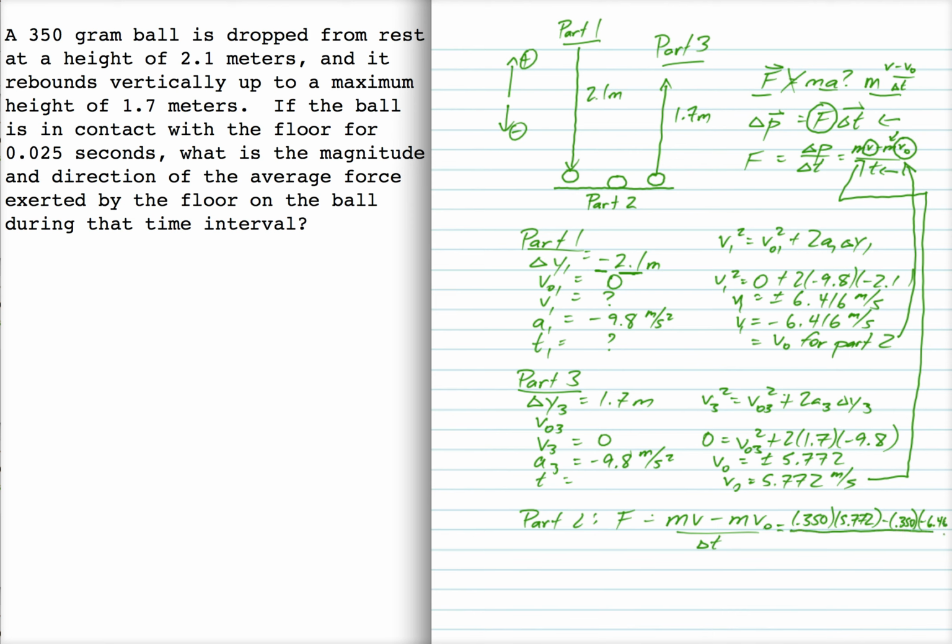I'm going to divide that by my delta t, which is 0.025. Notice that I got a minus sign here and a minus sign here, so that's going to be added together. And I end up with 4.266 over 0.025, which gives me a force of 170 newtons. And it's positive 170 newtons, which, given my sign convention here, means that it's pointing up. So there's the magnitude and direction of the average force exerted on the ball by the floor.